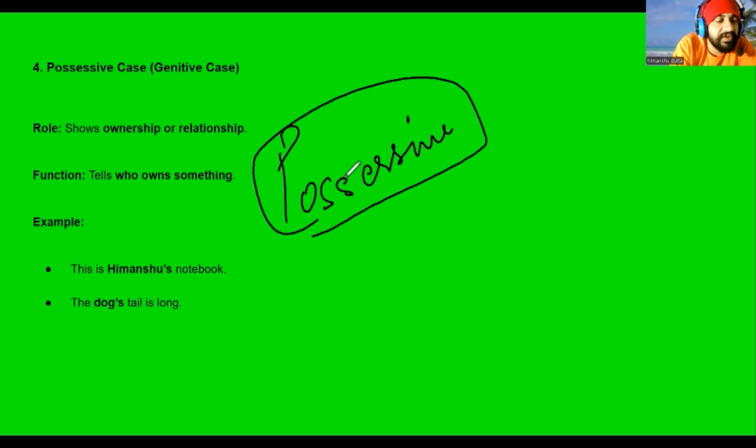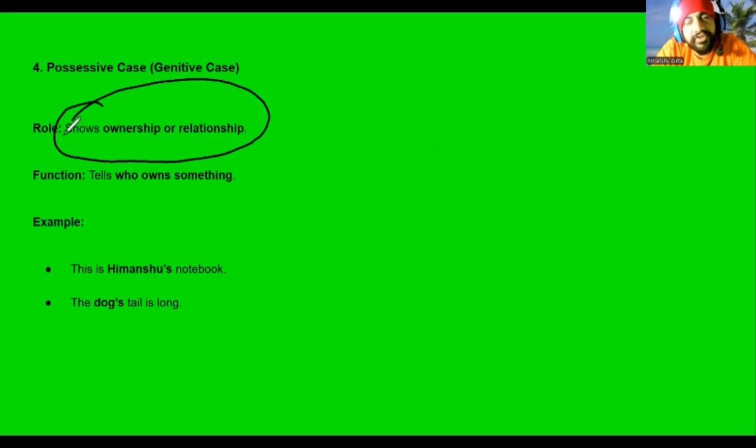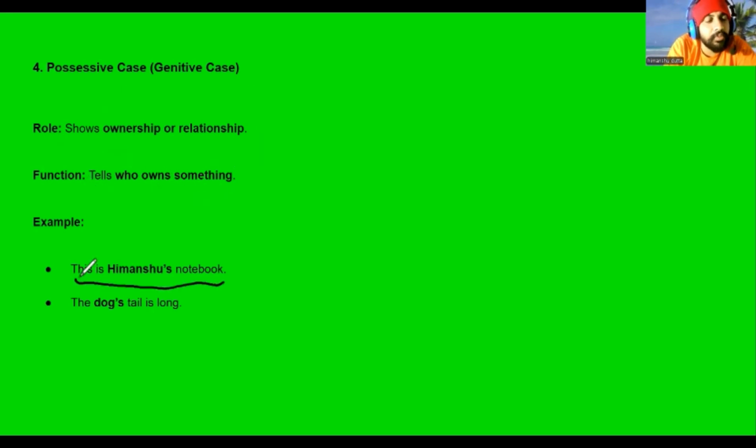The role is very clear, as I mentioned before. It shows ownership or relationship, and also tells who owns something. For example, I have taken my own example: this is Himanshu's notebook. Whose notebook? Himanshu's notebook.